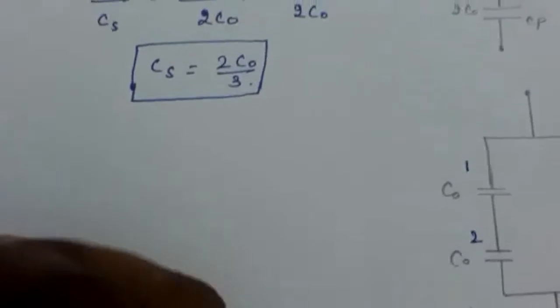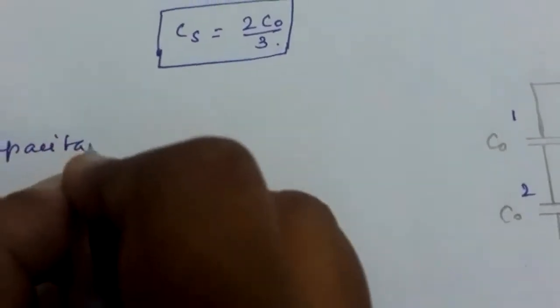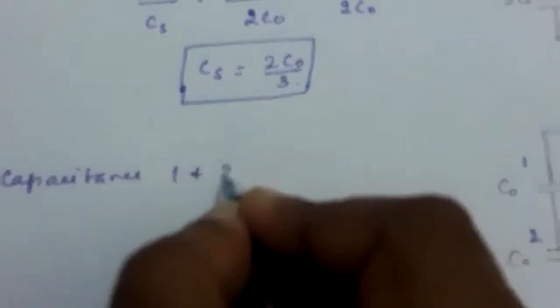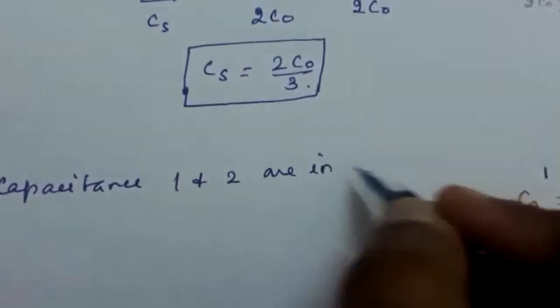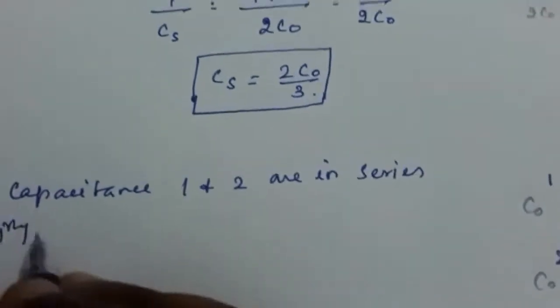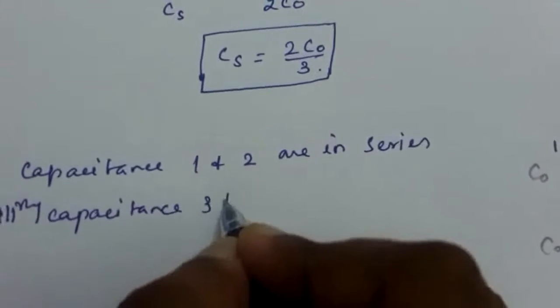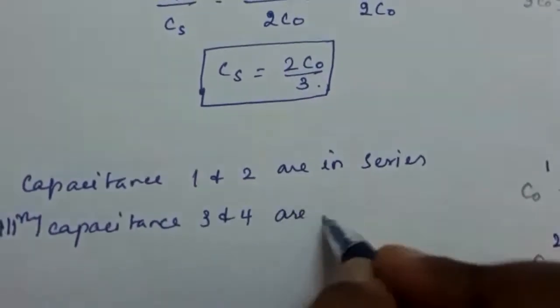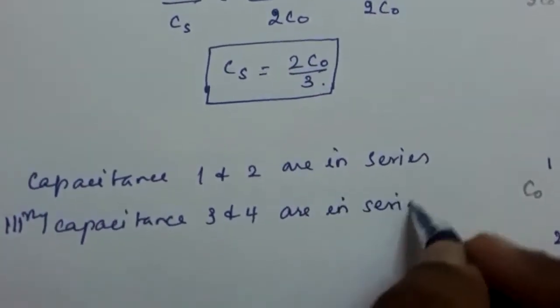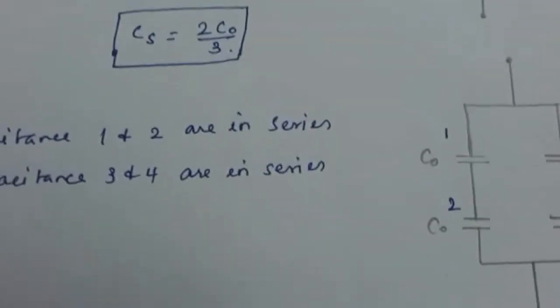So, capacitors 1 and 2 are in series. Similarly, capacitors 3 and 4 are in series. Each has the same value, so the equivalent capacitance will be the same.